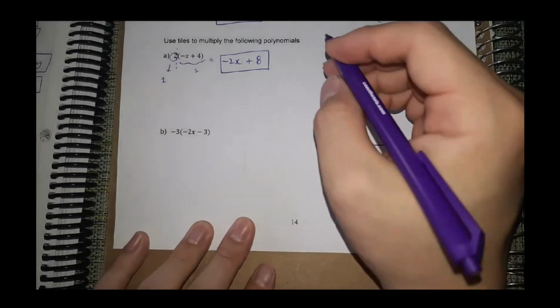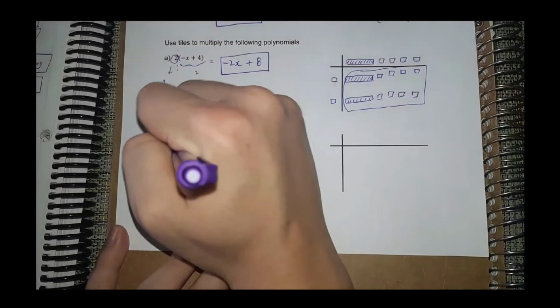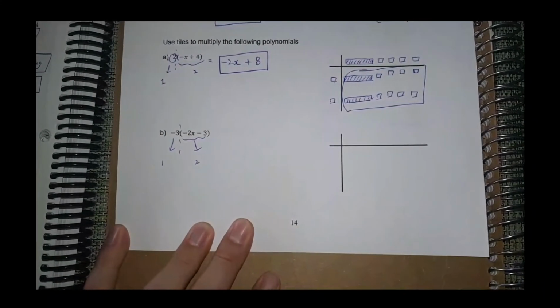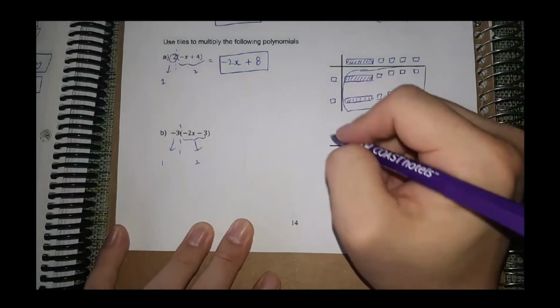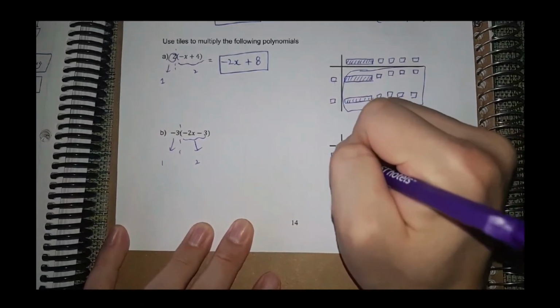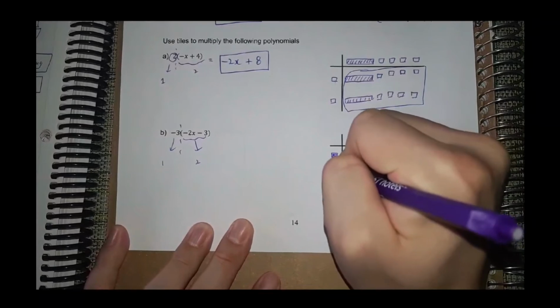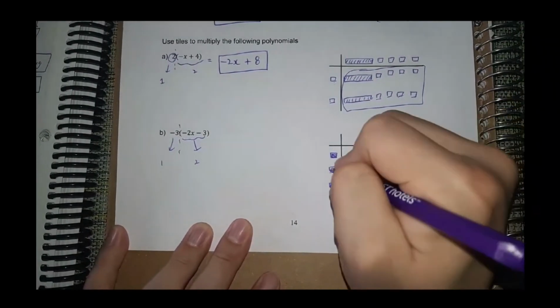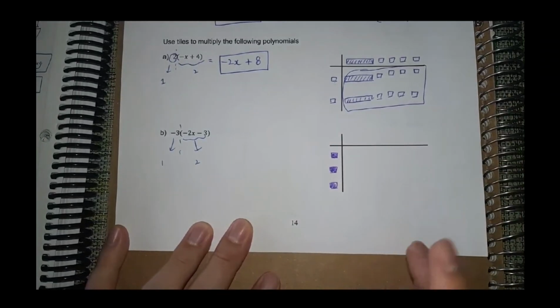Let's pick up some pace for the last one on page 14. First expression is outside of the bracket. Second expression is inside of the bracket. Negative 3, thus I'm putting colored, colored, colored integer tiles.